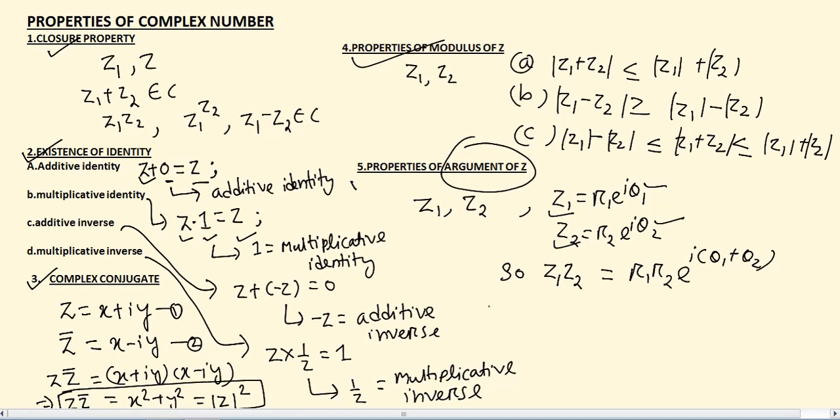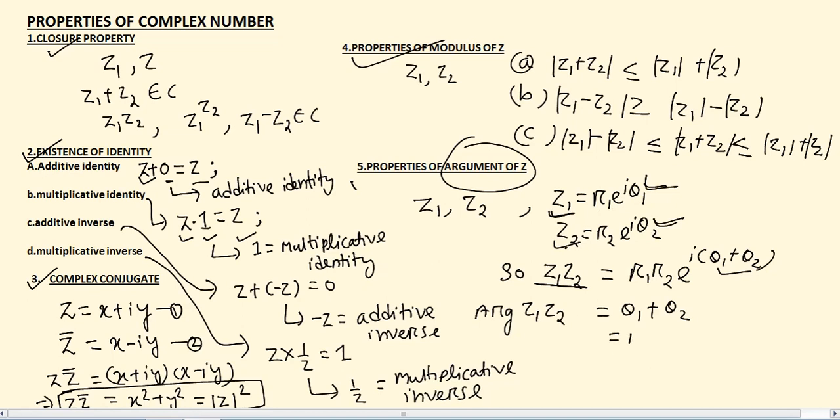So if you want to write the argument of z1 z2, then this will be theta 1 plus theta 2. So we can write argument of z1 z2 equal to theta 1 plus theta 2, and here theta 1 is the argument of z1 and theta 2 is the argument of z2.